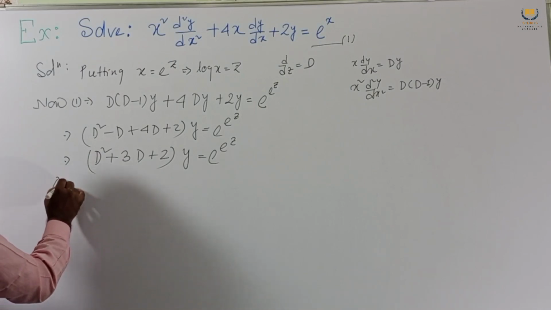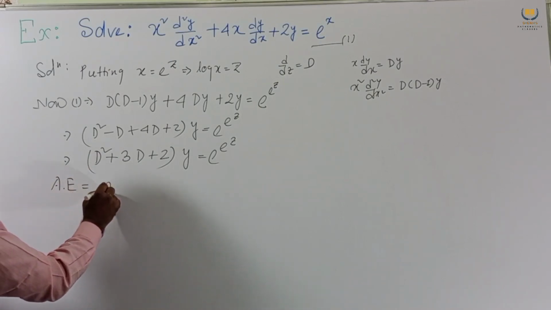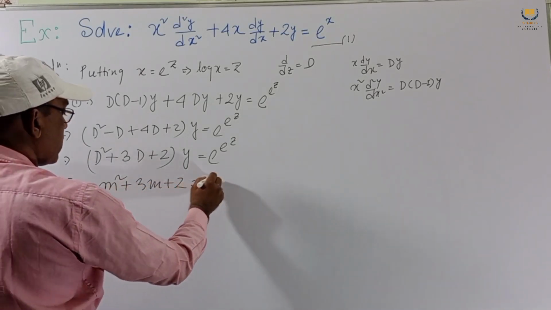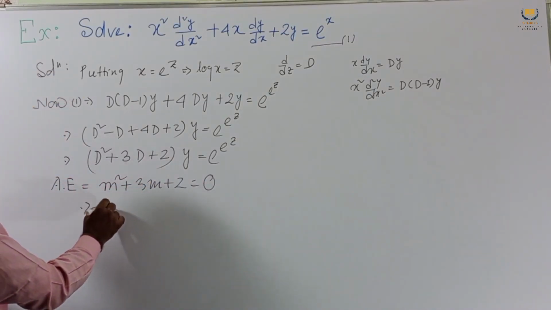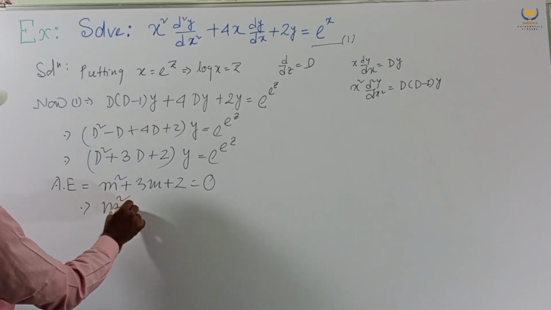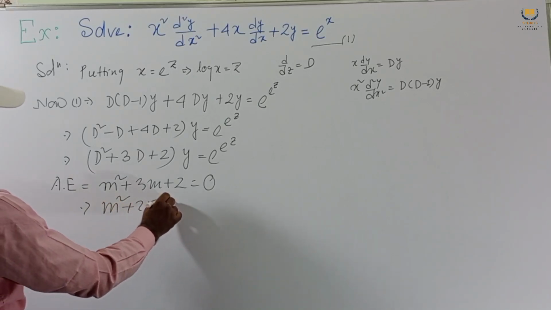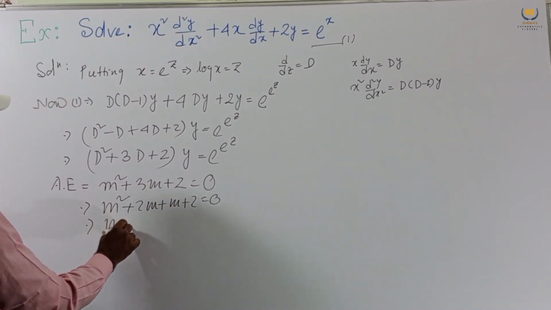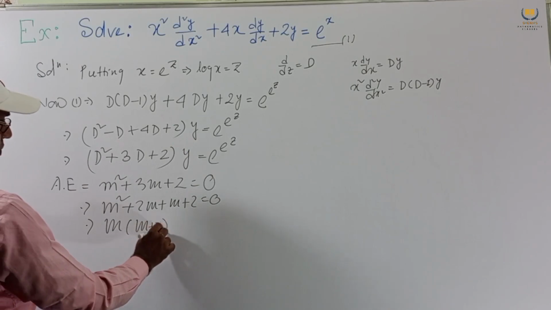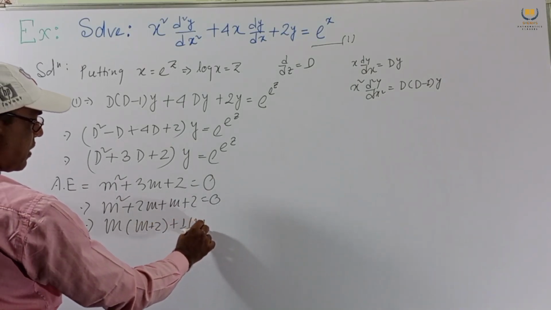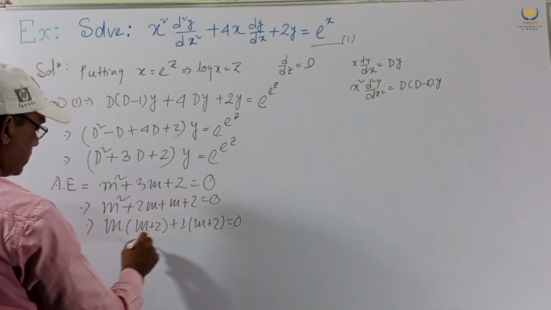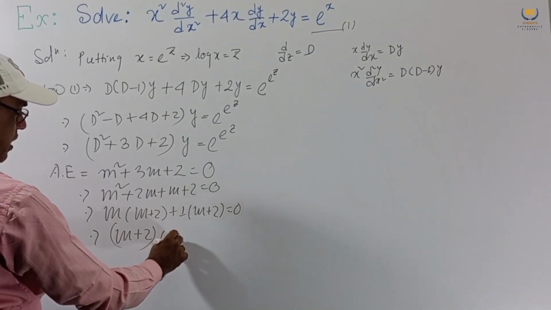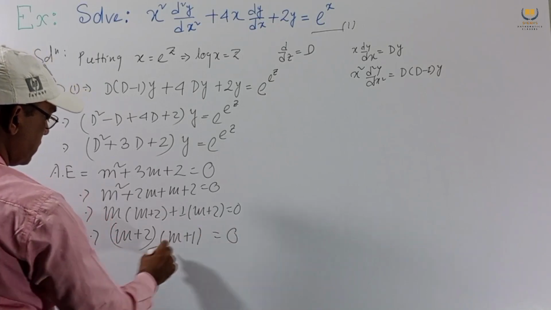Now auxiliary equation: m² + 3m + 2 = 0. This is m² + 2m + m + 2 = 0. So m common, m + 2, 1 common, m + 2 equal to 0. So (m + 2)(m + 1) = 0.